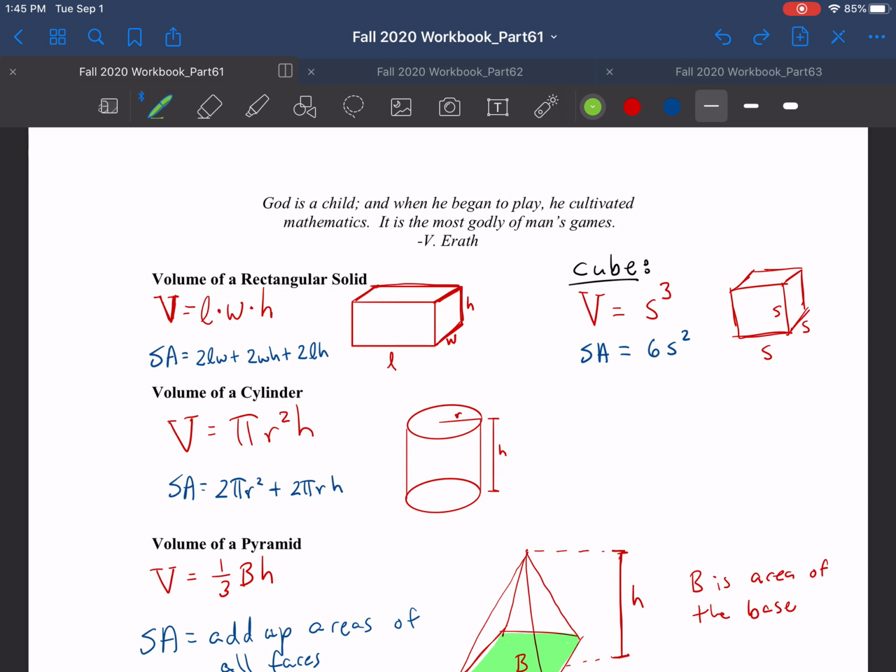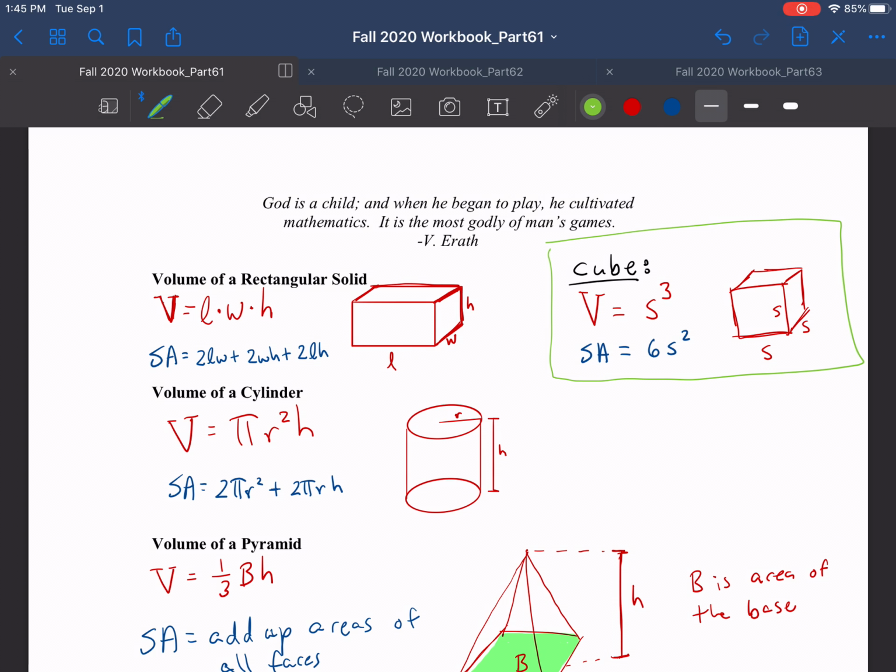Next, coming over here, we have a special case of a rectangular solid, and that is the cube. It's essentially the exact same thing, except in this case the length, the width, and the height are all three the same thing. So we just label them with S for the side of the cube.